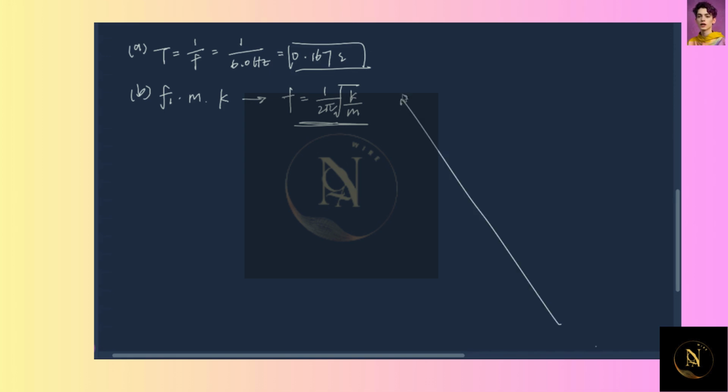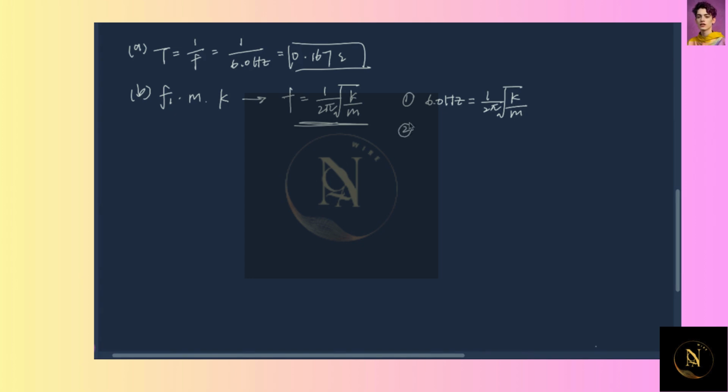The first one, let's name it equation 1, which is the equation for the original frequency. 6.0 hertz equals 1 over 2 pi times the square root of the original spring constant k over the original mass m.